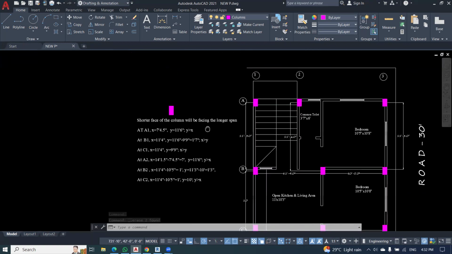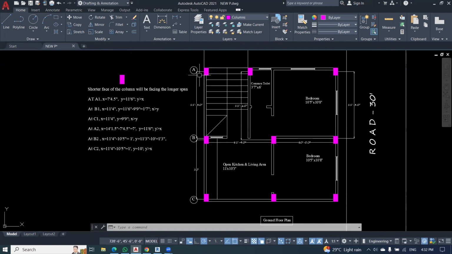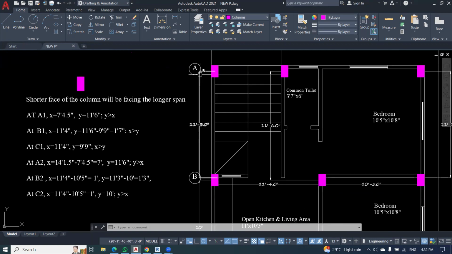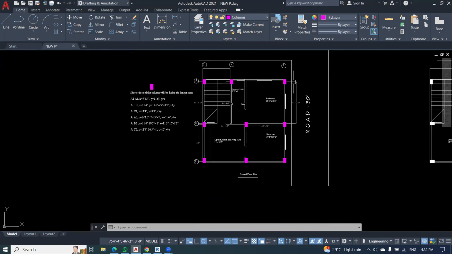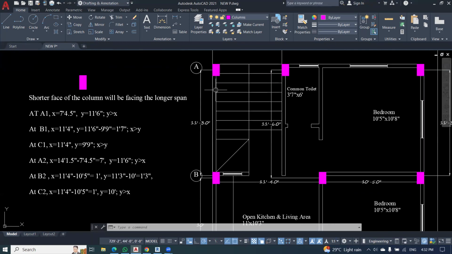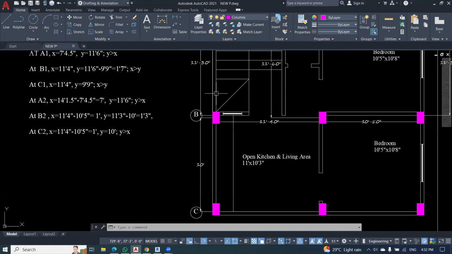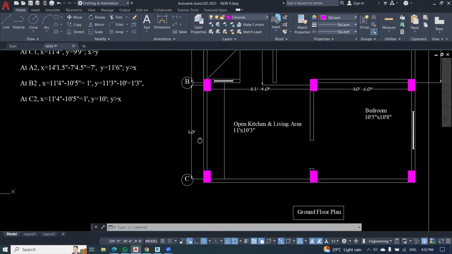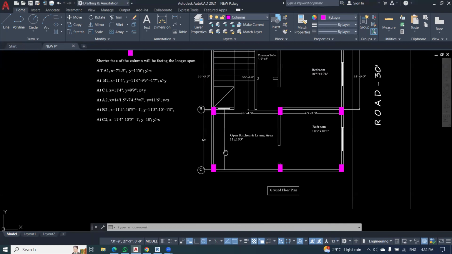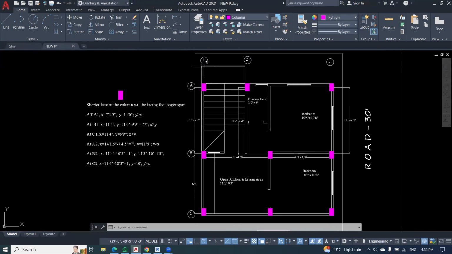Now, first I'll place the text and numbers at the columns. Here the column numbers are A, B and C, and here we have 1, 2, 3. You will be thinking what these numbers are.